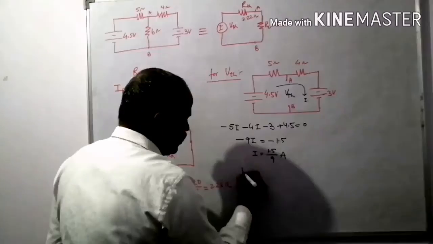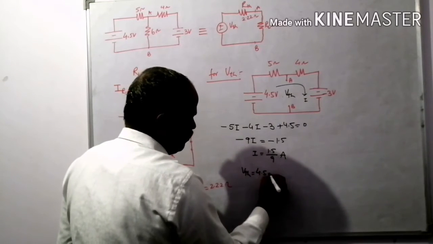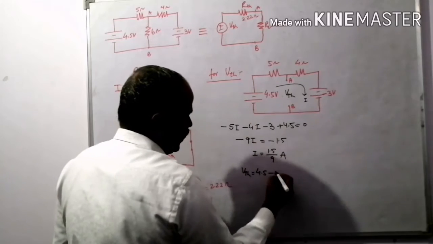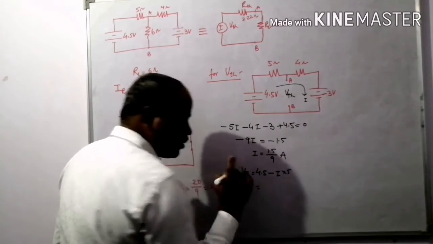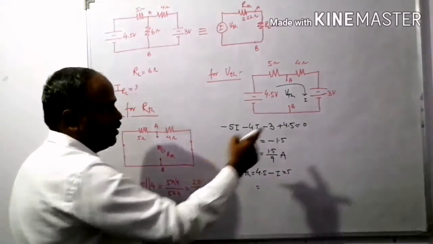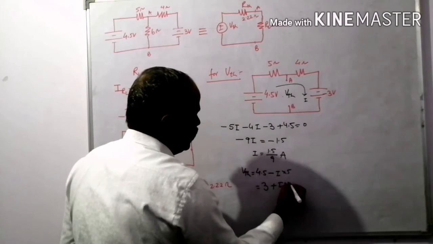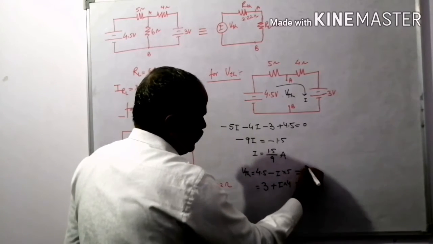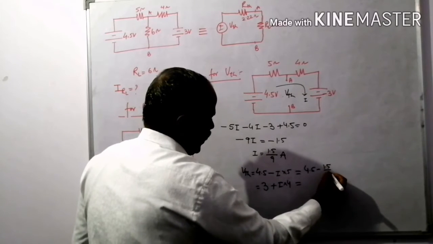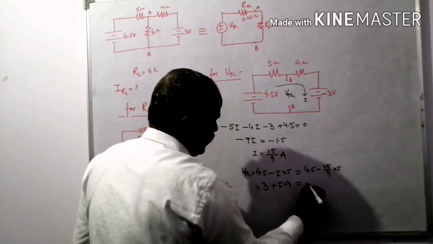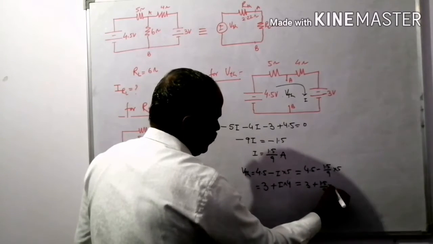So the value of the VTH is equal to 4.5 minus this drop, that is current into 5 ohm resistor. We can also calculate VTH by this source, that is 3 plus current into 4 ohm. 4.5 minus 1.5 upon 9 into 5, 3 plus 1.5 divided by 9 into 4.